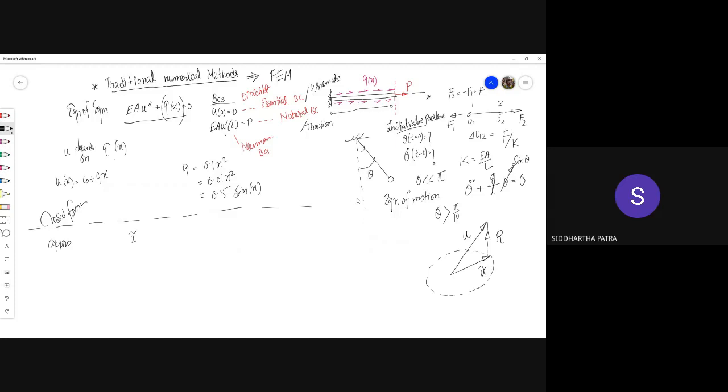That is very simple to understand: whatever u is, you take the projection, and this normal distance is the residual. That can be imagined schematically, but you see, functions are vectors but not finite dimensional, so this is not how we can define a residual. For defining the residual, this is what we would do.